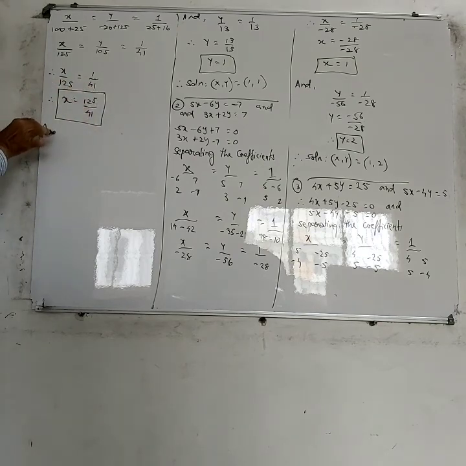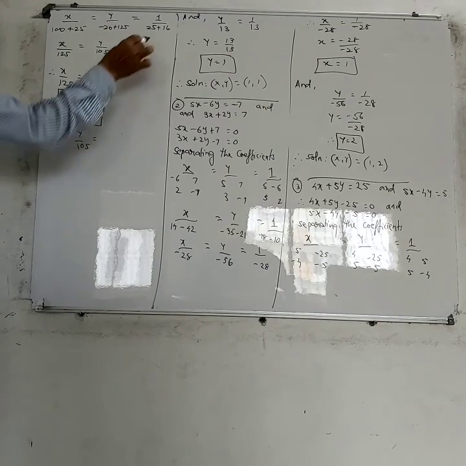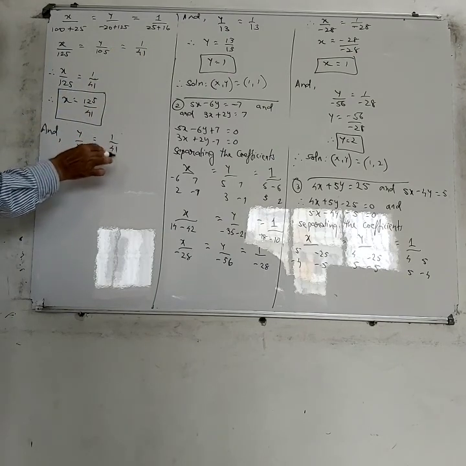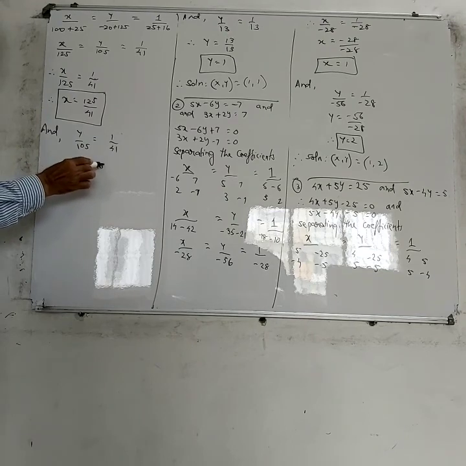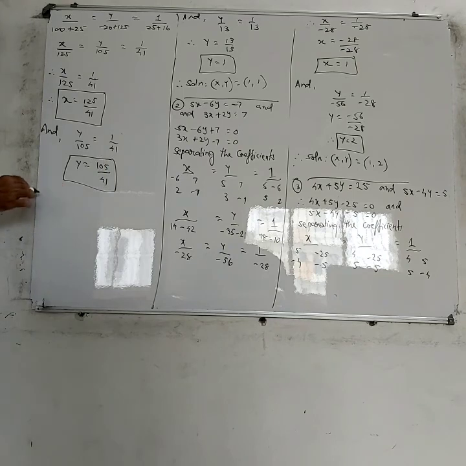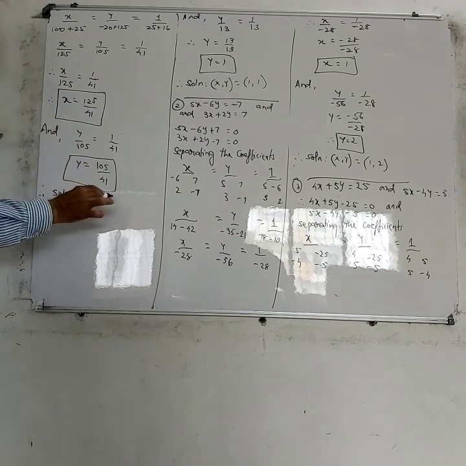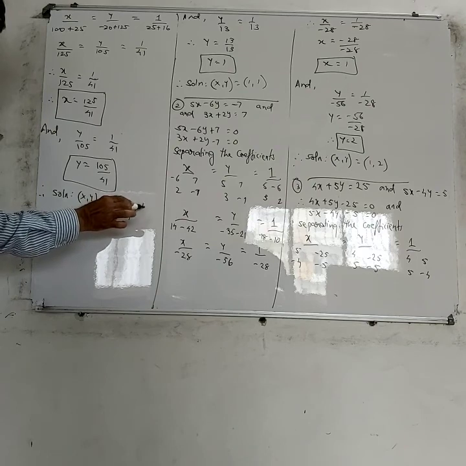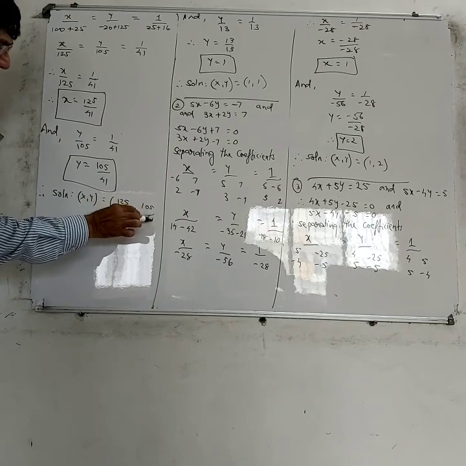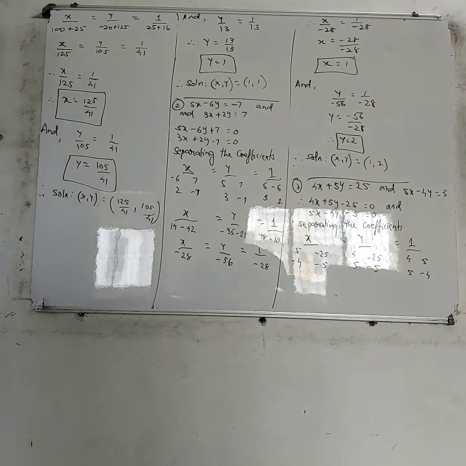And take the other one. y upon 105 is equal to 1 upon 41. Or y is equal to 105 upon 41. And therefore, your solution x, y, always write x first, 125 upon 41 and 105 upon 41. Remember, always write x first and then y.